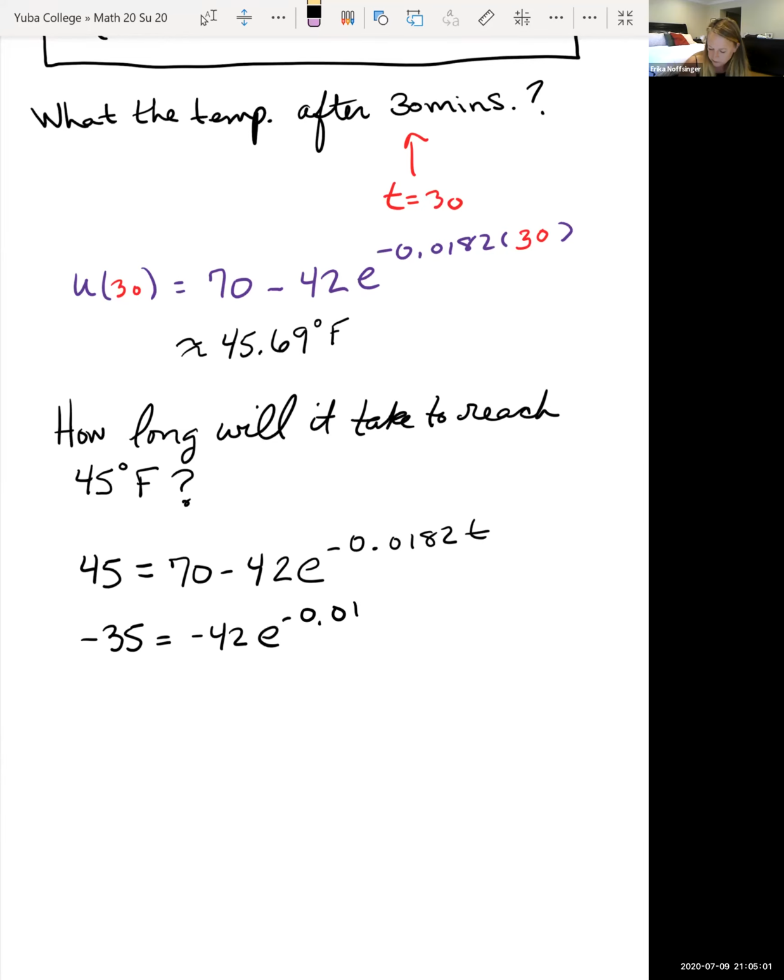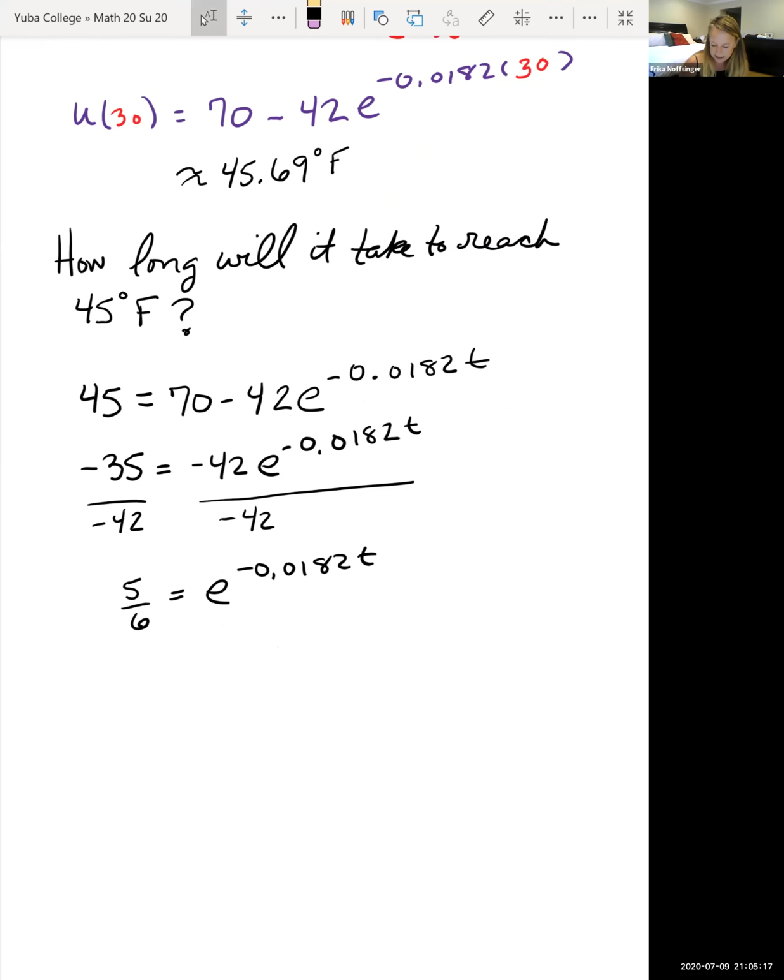Divide both sides by negative 42. Guess what? If you reduce that again, you're going to get 5/6 is equal to e to the negative 0.0182 t. Take the natural log of both sides. So natural log of 5/6 is equal to the natural log of e, which is always just the exponent. And so the exponent is negative 0.0182 t.